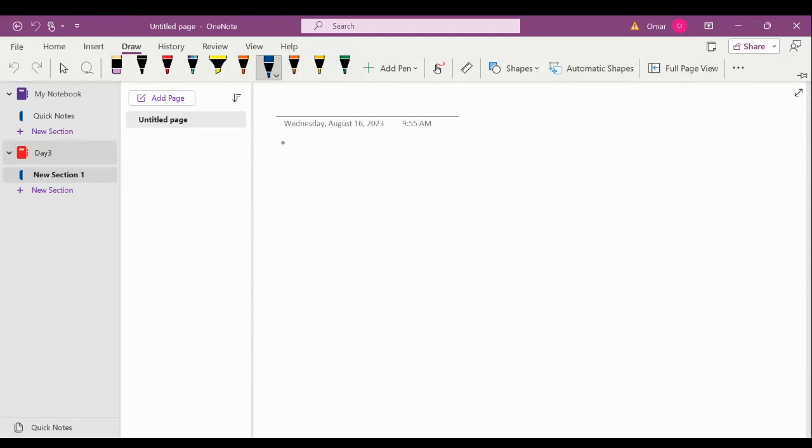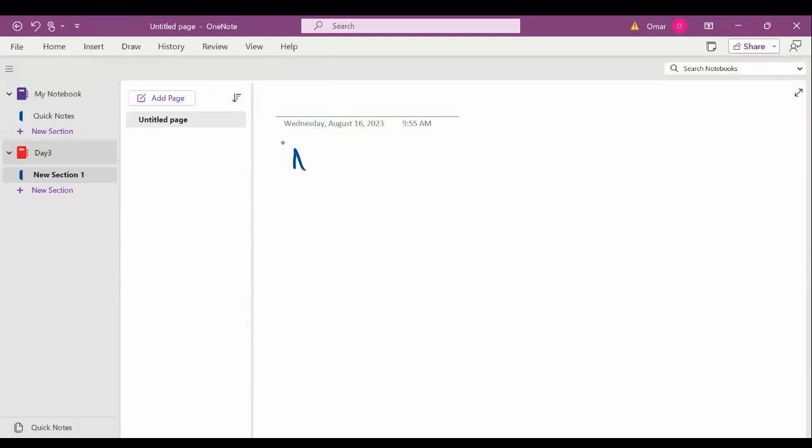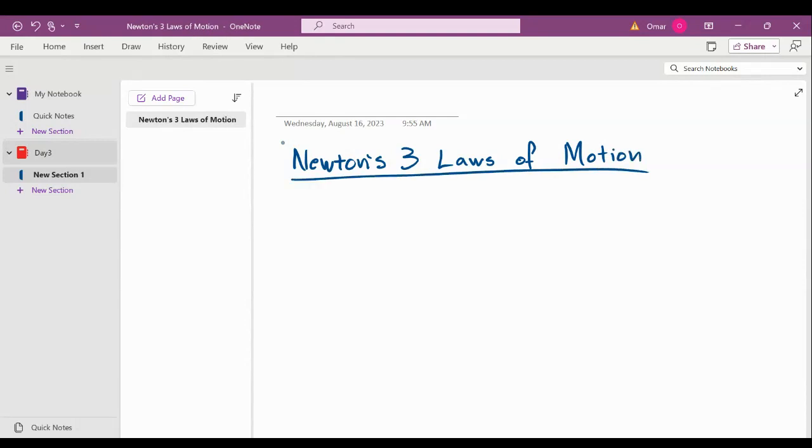Okay, today we're going to talk about Newton's laws. This is going to be the first description of it, and it's going to be in everyday language. It's the first law, sometimes called the law of inertia.